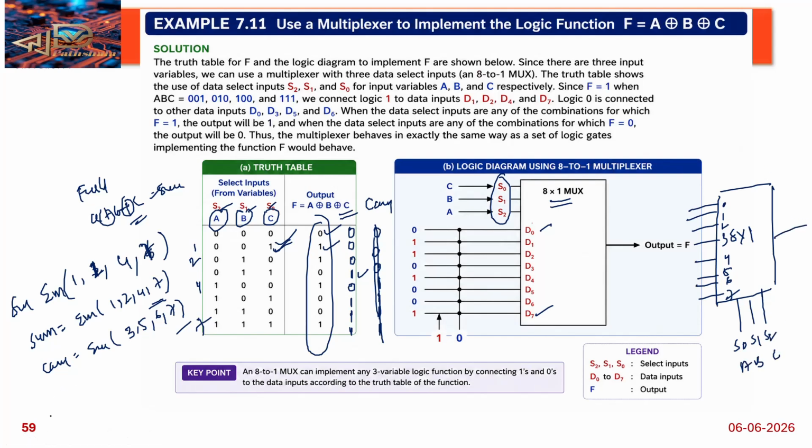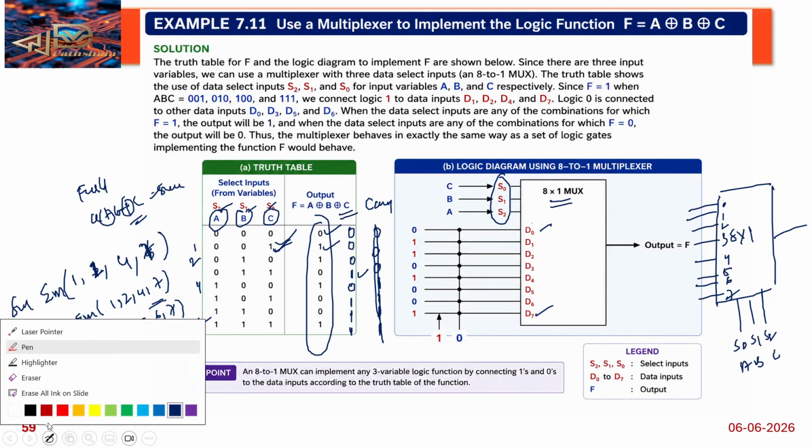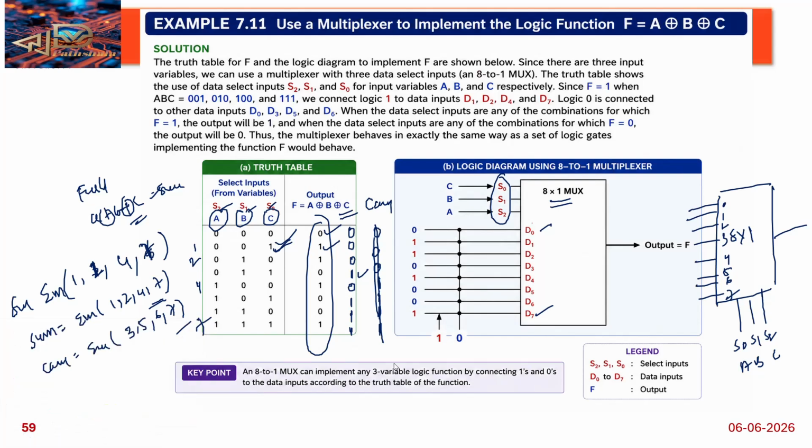And then draw where we are connecting the ones, where we are getting ones. For the sum output, at position 1, and then 2, and then 4, 7, all these are connected to the sum input.